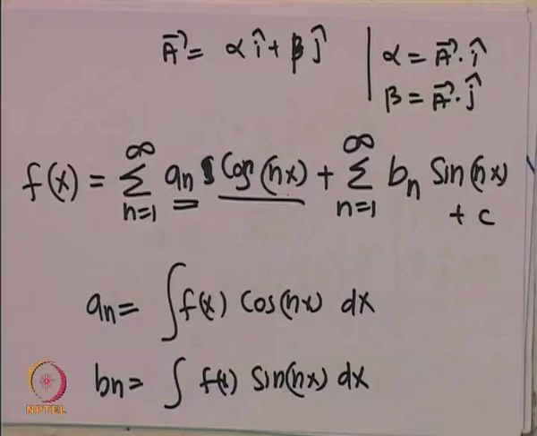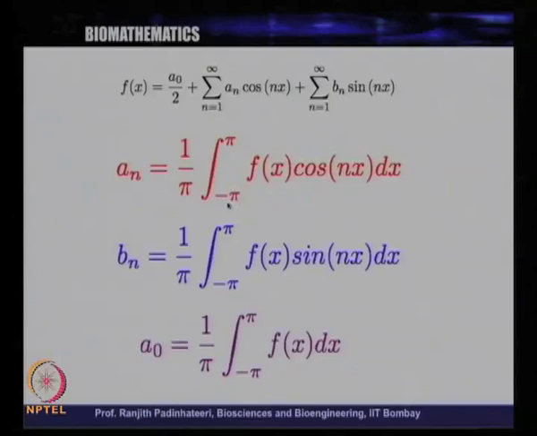So, look here. a n is, to be more precisely defined, 1 over pi times the integral from minus pi to plus pi of f of x cos n x dx. You can see that a n is the coefficient of cos.